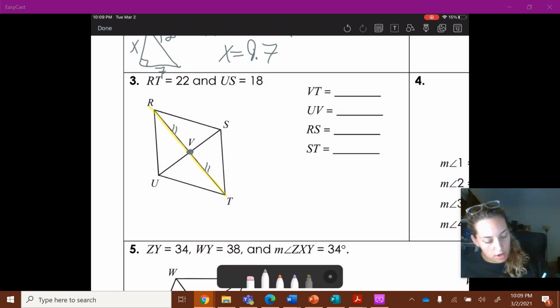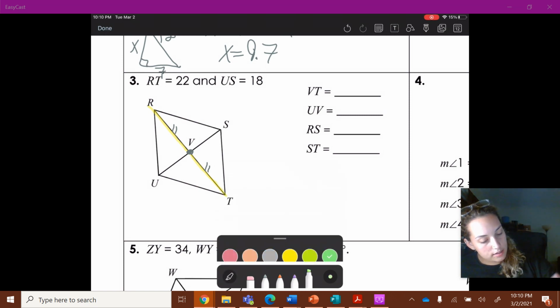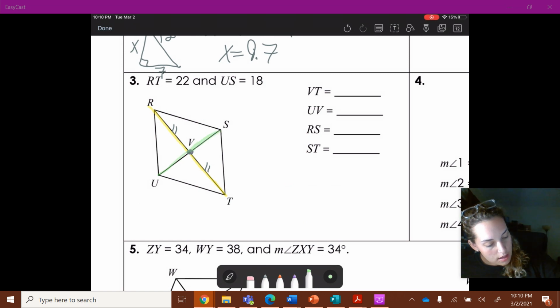I also know that US is 18 in total length. And so once again, diagonals bisect each other, so it gets cut in half here at V. And so 18 is split into 2 parts, 9 and 9.